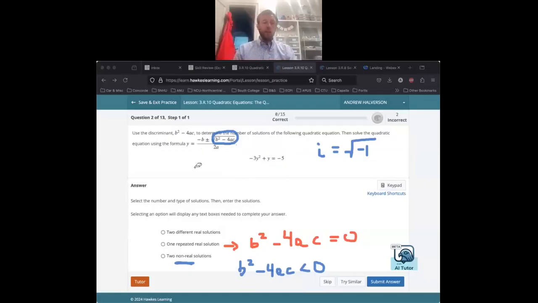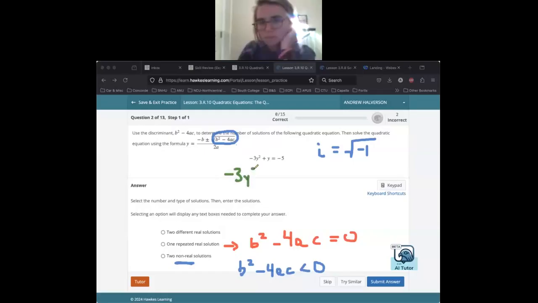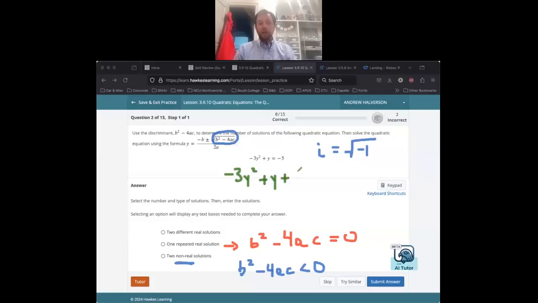So when we do that here, we get negative 3y squared plus 1 y plus 5, because we add the opposite. Now you pick out your a, b, c, okay? So in this case, a is negative 3, b is 1, and c is 5.